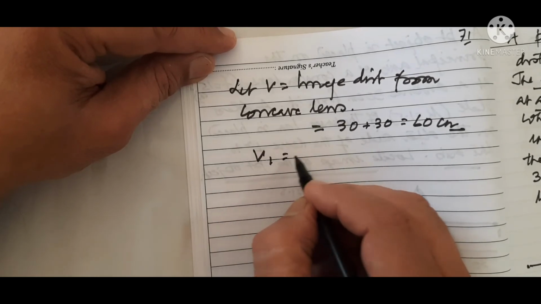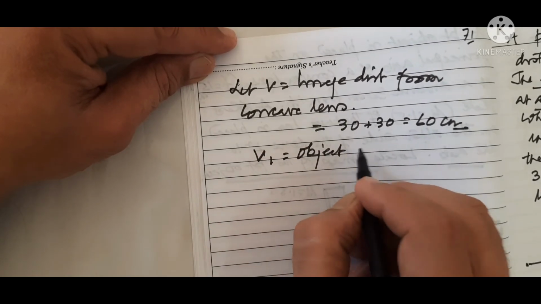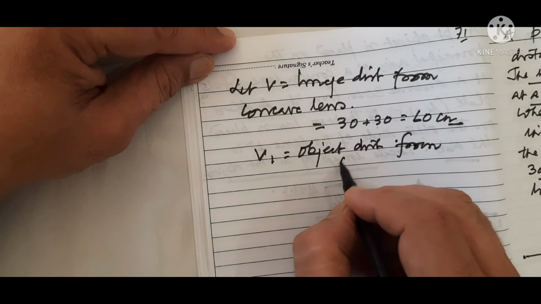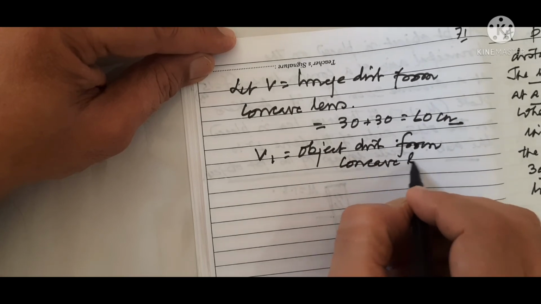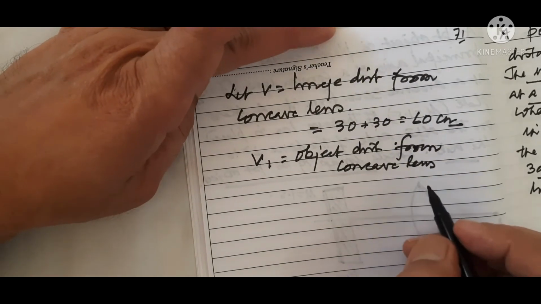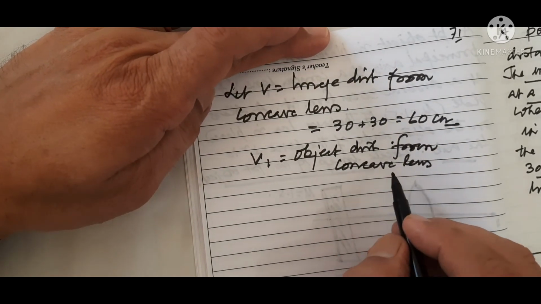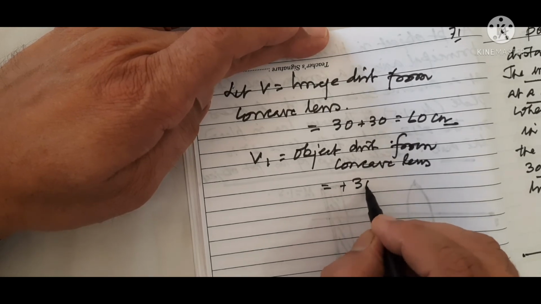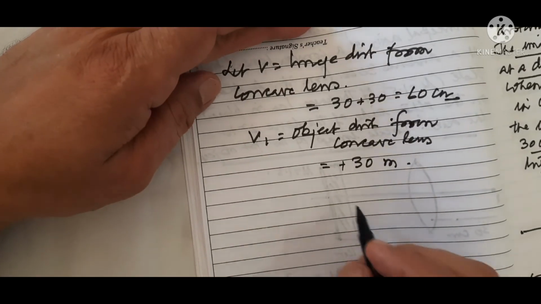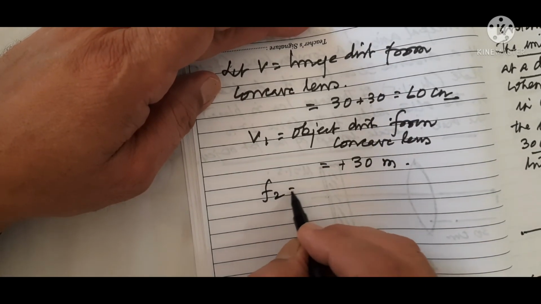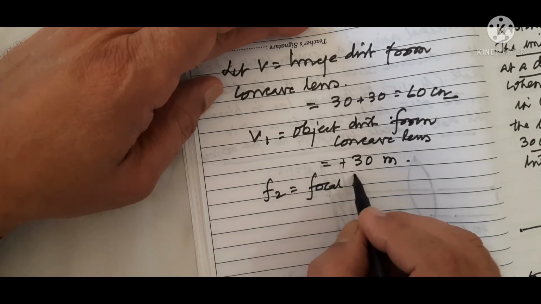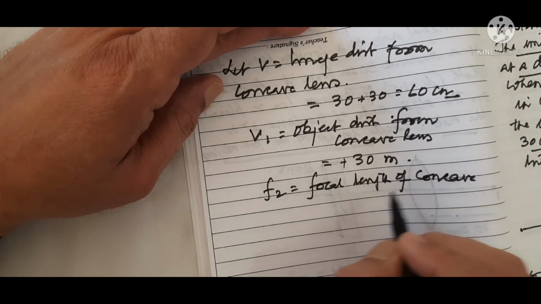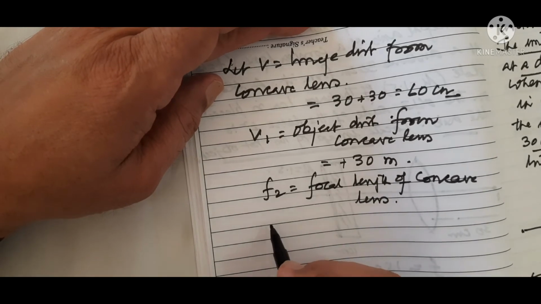And मान लेते हैं v1 be the object distance from concave lens. concave lens से object distance v1 है, right? And that is your given plus 30 centimeter given in the question. And let f2 be the focal length of concave lens. यही हमको निकालना है.